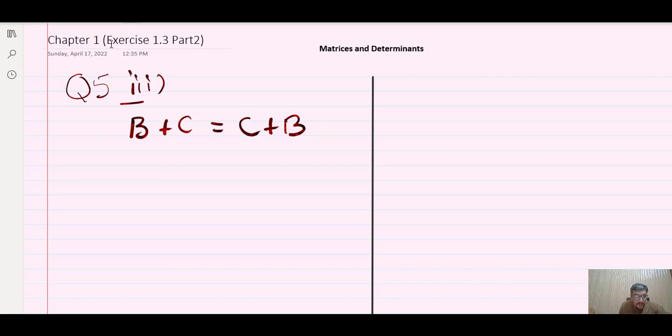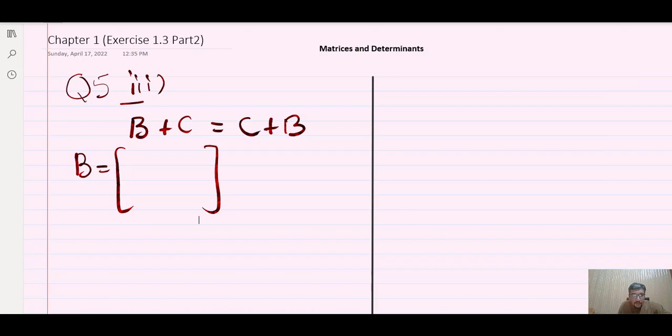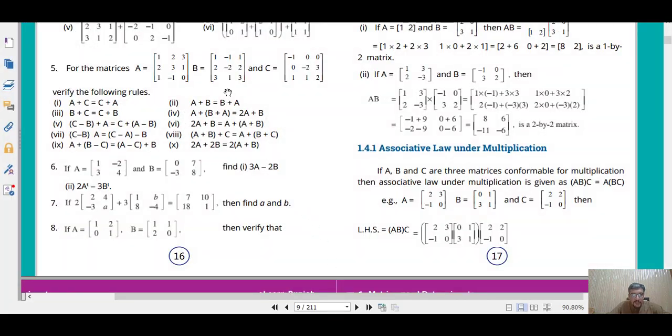So B is given. Let's see the entries: 1 minus 1 1, 2 minus 2 2, and in the next row the entries are 3 1 3.